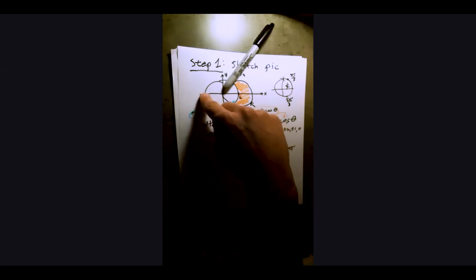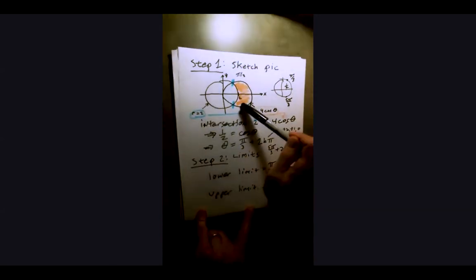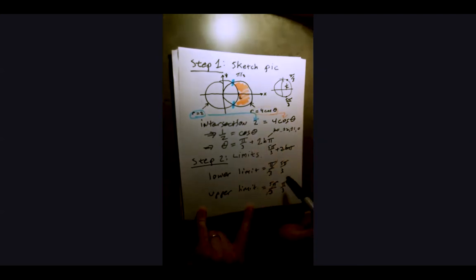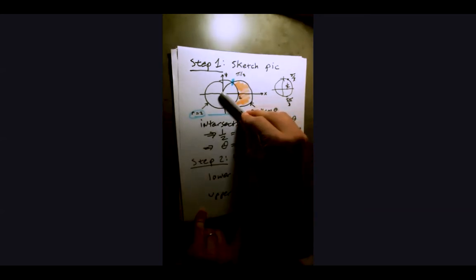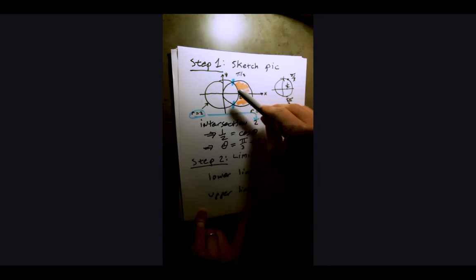So again, we grabbed all of this region and we missed the orange region that we care about. So you start from 5 pi over 3 and add just pi over 2, so you'll get the upper one.